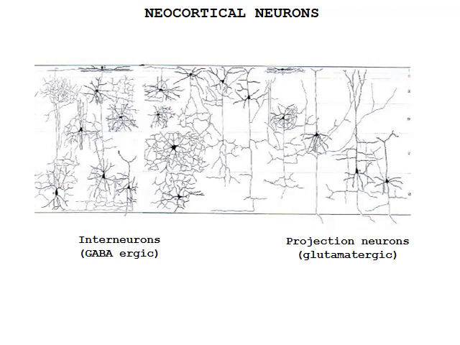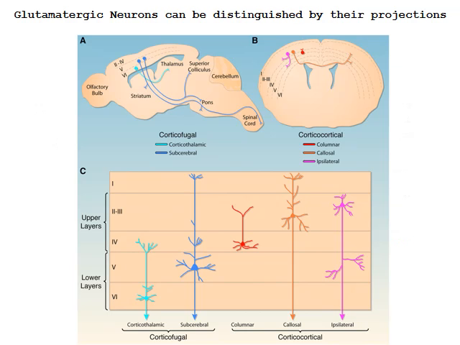As in other brain regions, in the neocortex we recognize 2 main neuronal categories that are the projection neurons, that are glutamatergic in the case of the neocortex, and interneurons that are GABAergic. Projection neurons can be distinguished not only on the basis of their laminar position, but also because of their different connections.